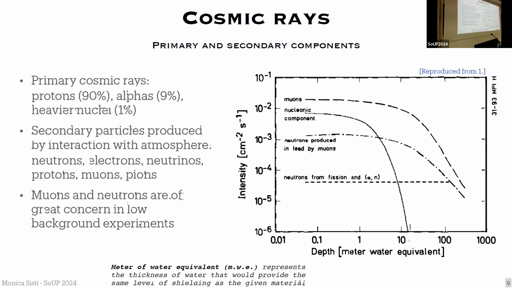And so this is a qualitative picture that shows you how the intensity decreases with the depth of the laboratory. The depth is given here in meters of water equivalent, and it is the usual way to classify the depth.